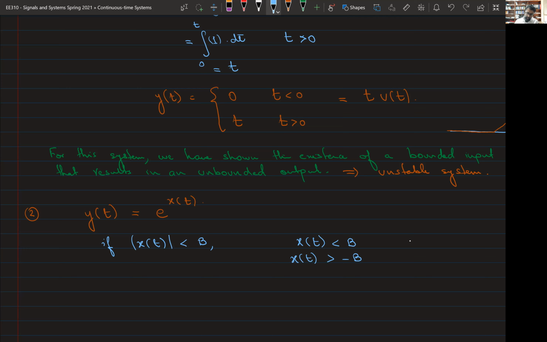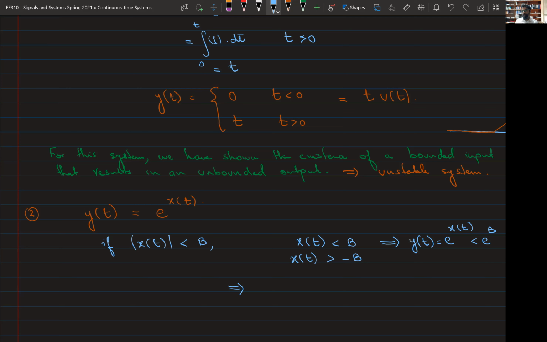And from here, this implies that y of t, which is e raised to x of t, is always going to be less than e raised to b, because exponential is a monotonically increasing function. So if I say that x of t is less than 2, I can claim that e raised to x of t would always be less than e raised to 2.